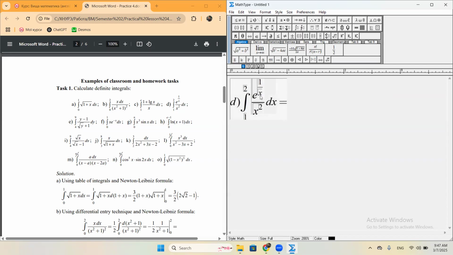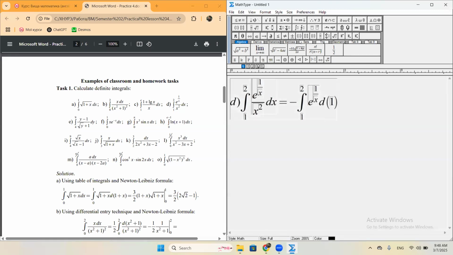Here we have the differential of 1 over x, but with a minus sign. So let's use the differential entry technique as well, and this integral will look simpler than it looks now.